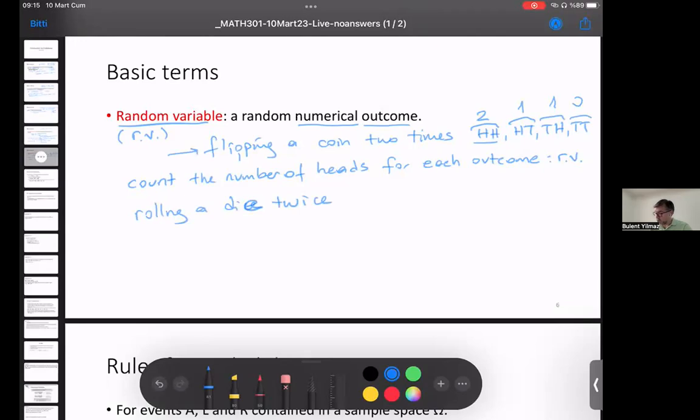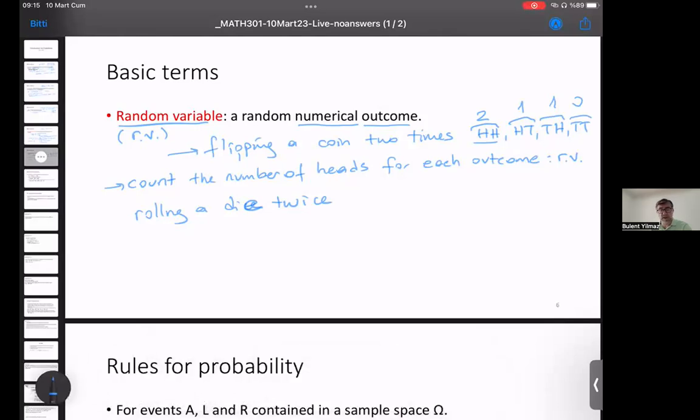And I want you to determine the random variable for the total outcome, which is the summation of the dice. So I roll a die. What are the possible things that can come? 1 to 6. I roll it again, 1 to 6.